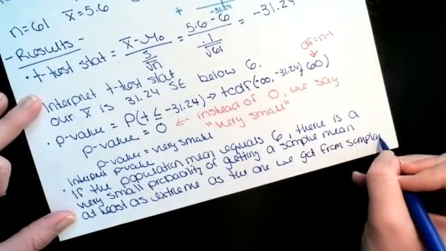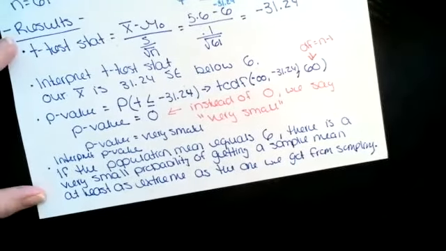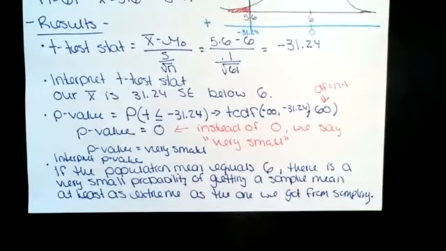So it's just saying that there's a really small probability of getting a second sample mean that far away from the center. That's what that's saying.